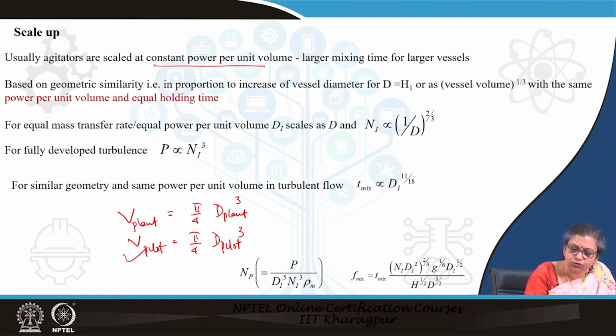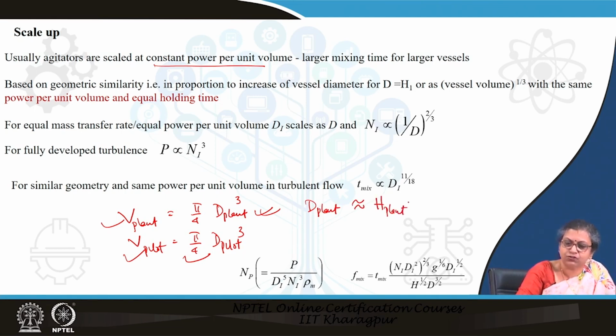So, if we know this, we can find the diameter of the actual plant. Once we know the d plant, as I have told you, usually we assume this to be equal to the height of the vessel in the actual plant. Once we have done it, we come to the impeller design.